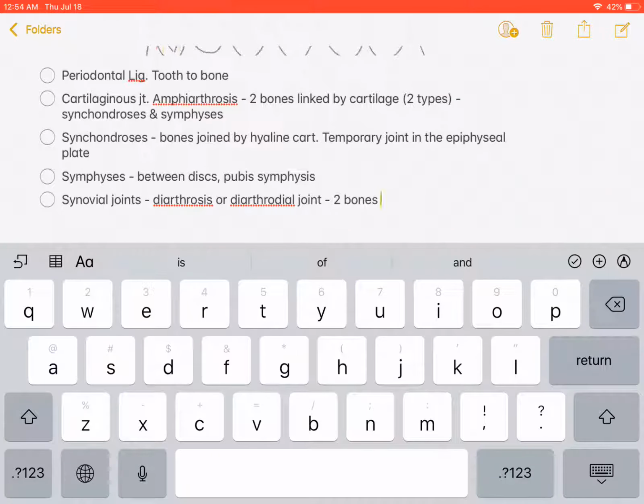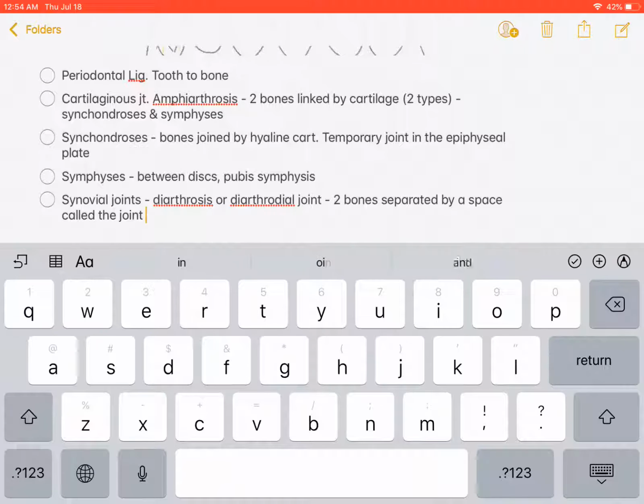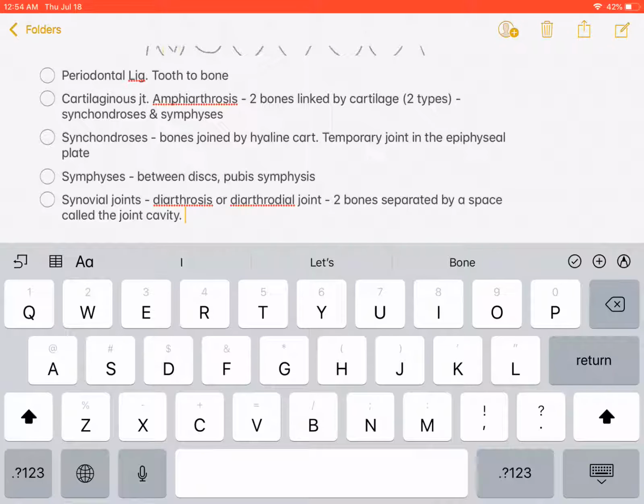Okay, so two bones separated by a space called the joint cavity. And it's good to know what a joint cavity is.